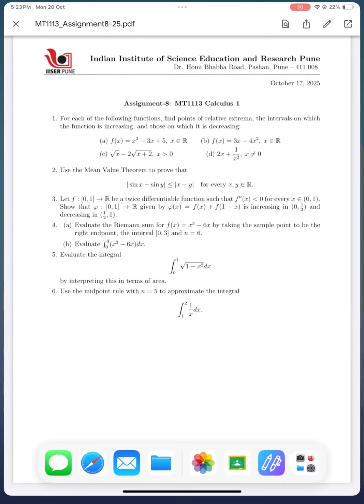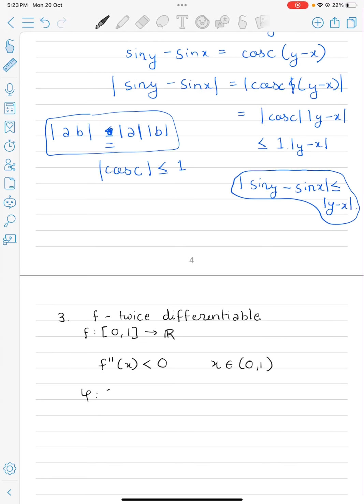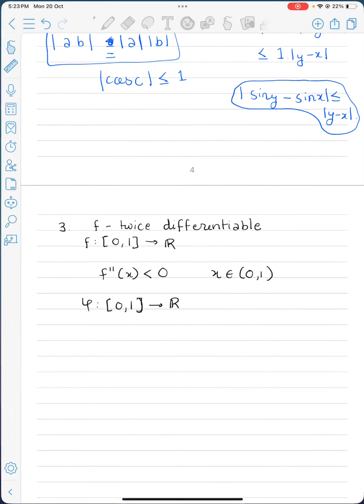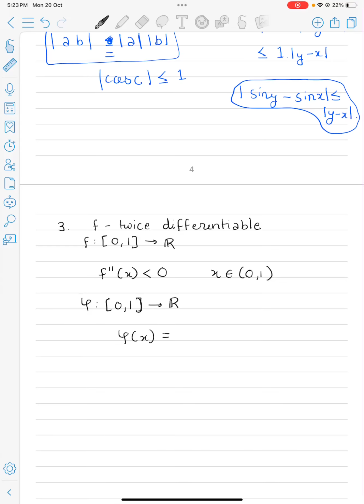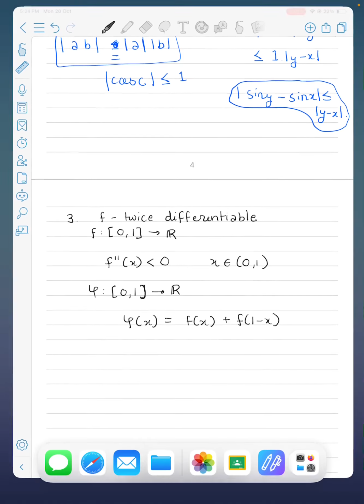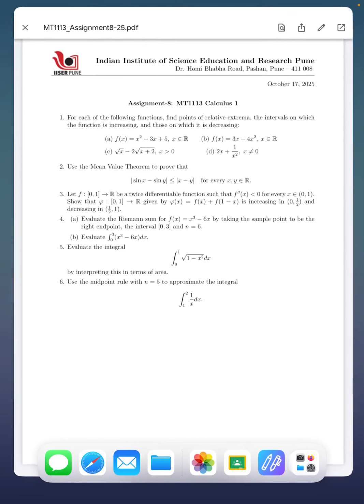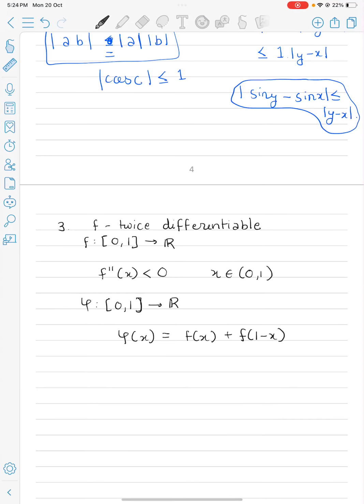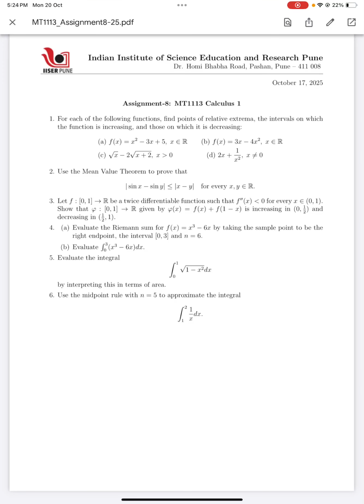And phi from 0,1 to R given by phi x is equal to f(x) plus f(1 minus x) is increasing in 0 to half and half to 1. This is what we want to prove, right?